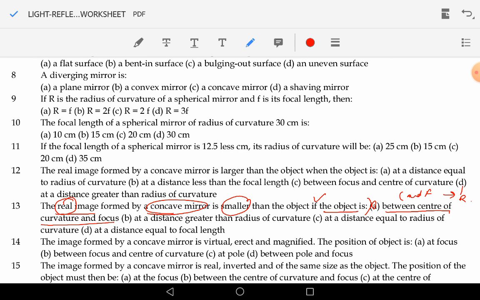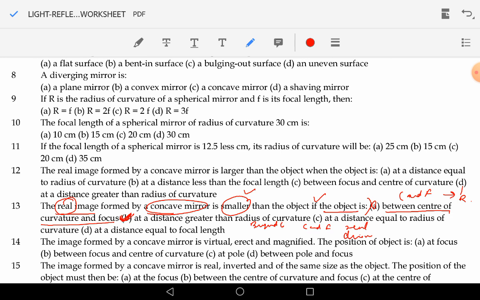At a distance greater than radius of curvature, it means they are saying beyond C. Now in this case, the image is formed between C and F. It is real and it is diminished. And smaller means diminished only. So I think B should be the correct one.